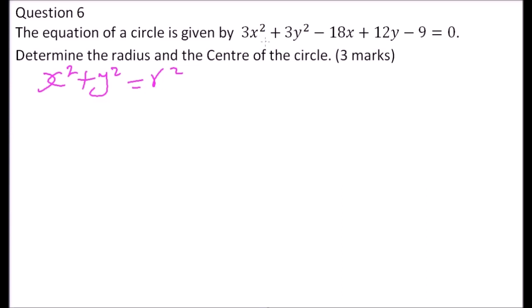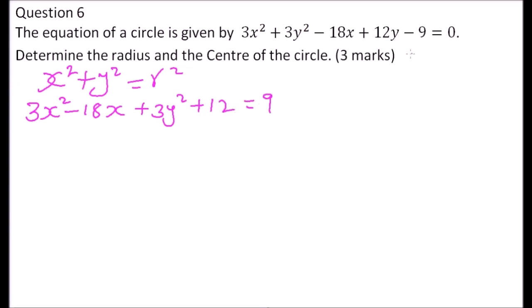So in our equation here, we have 3x squared. We rearrange our equation so that we have 3x squared minus 18x plus 3y squared plus 12y is equal to 9.